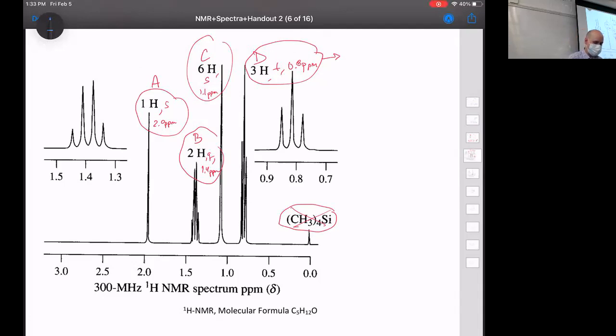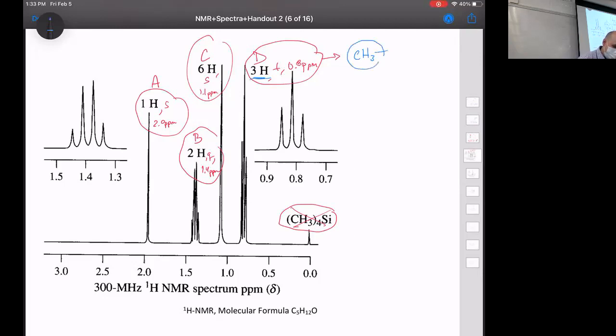So let's start with the integral, because that tells you what you are. 3 hydrogens. So what is it? If you have a 1H, you're usually a CH. If you have 2 H's, you're a CH2. So what's 3? Right, so it itself is a CH3.